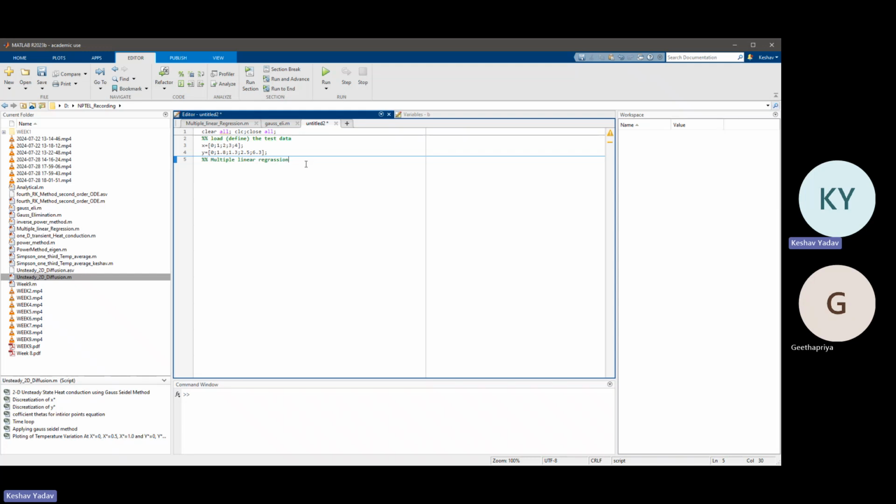For that, I need to define X. X is the matrix that I need to define. So I want to define capital X that will be equal to, in the first column, only ones, and the size will be the length of x.